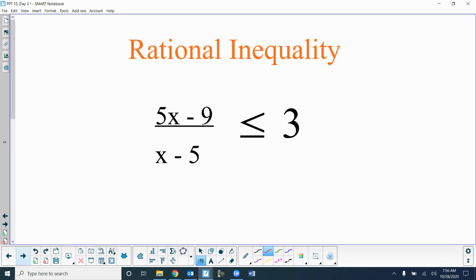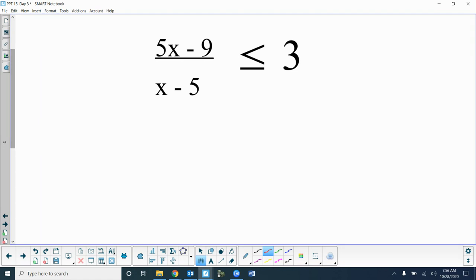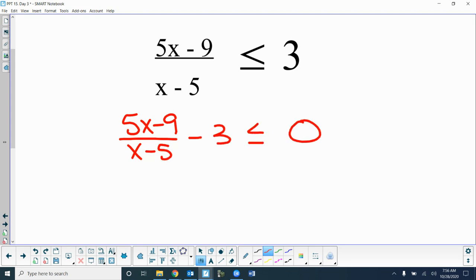So I have to move that 3 over. How do I move it over? Subtract it. So I've got (5x minus 9) over (x minus 5), minus 3 is less than or equal to 0. We want 0 on the right. Now, how do I subtract 3 from a fraction?